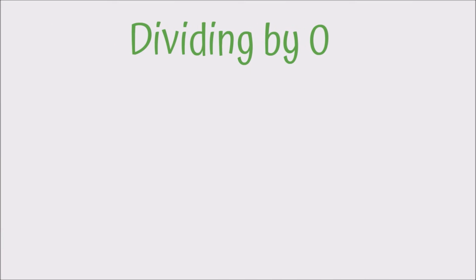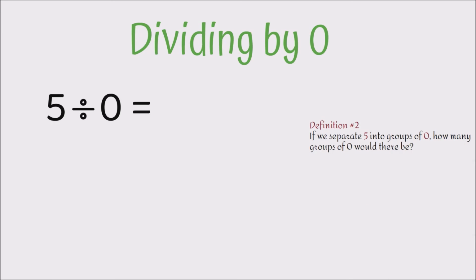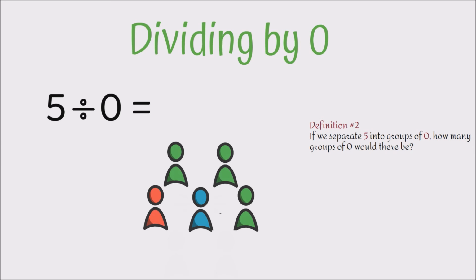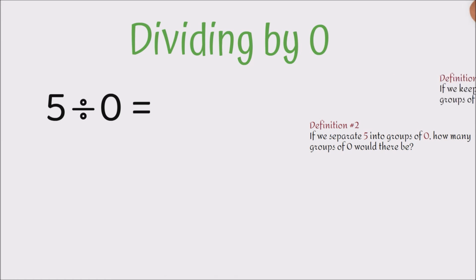Alright, let's move on to dividing numbers by 0. Using our second definition, let's ask ourselves the question: how many groups of 0 can I divide 5 into? Okay, that doesn't really make sense. So let's try definition number 1.